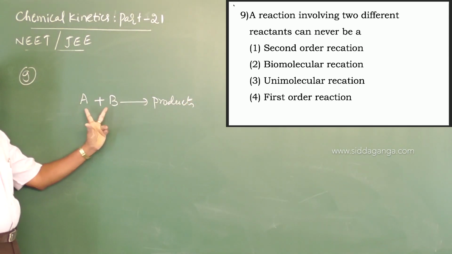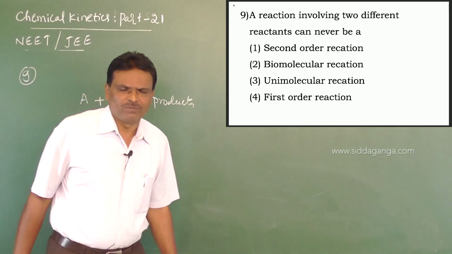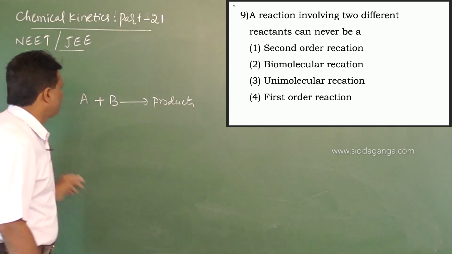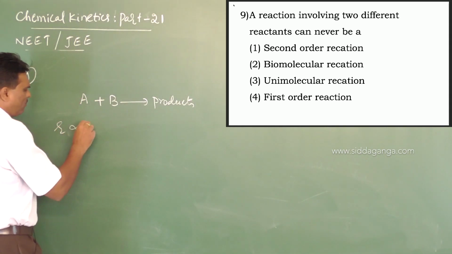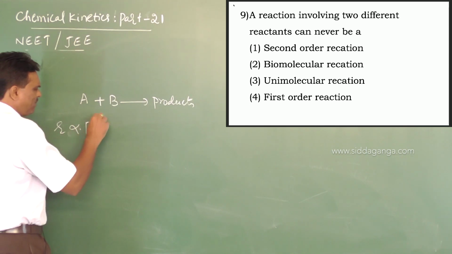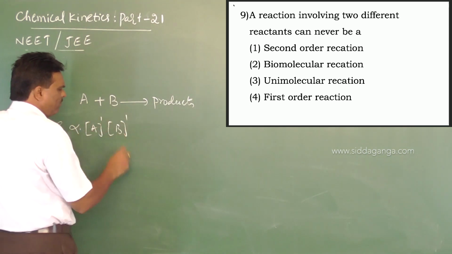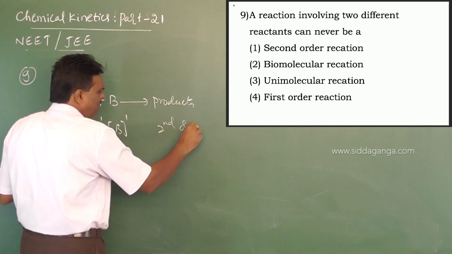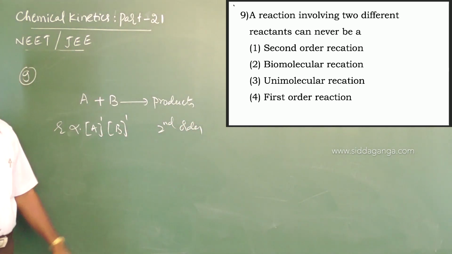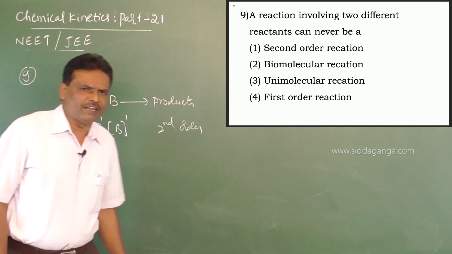First option, second order reaction. If the rate of reaction is proportional to the molar concentration of A power 1 into B power 1, then it is a second order reaction. This is possible.